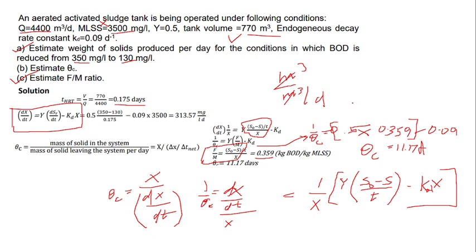We are rewriting this to this equation, and this dSr/dt divided by X is known as F by M. So calculate it, substitute it. So 1 by theta C is obtained, F by M is also obtained. Take the reciprocal of this and obtain the theta C value. This is how this problem is solved.